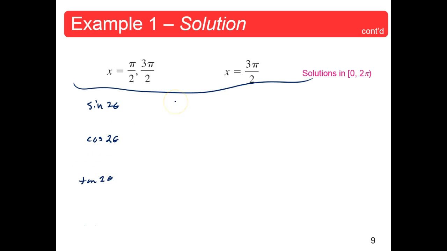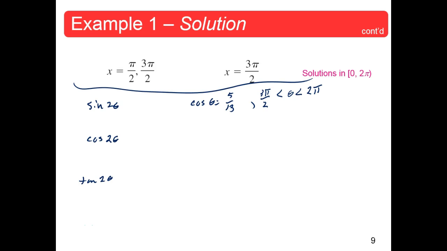And here are the conditions given: that cosine theta is equal to 5/13, and that 3 pi over 2 is less than theta, and that's less than 2 pi. Those are the conditions.